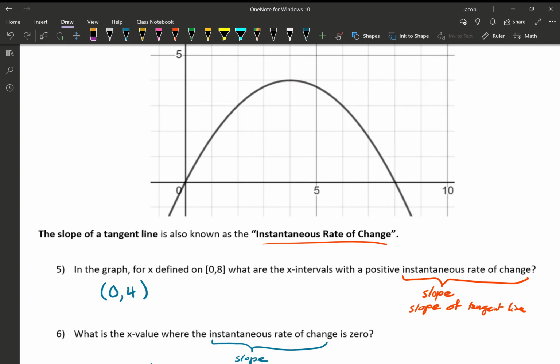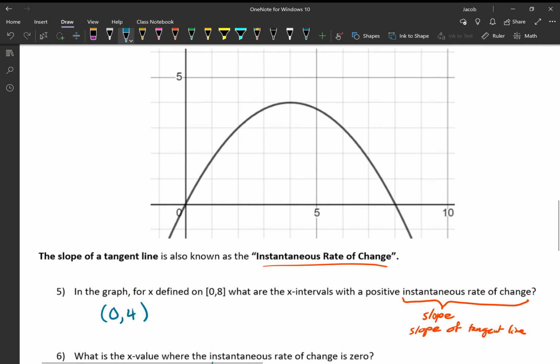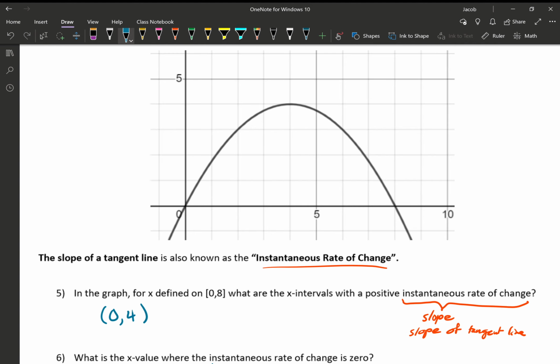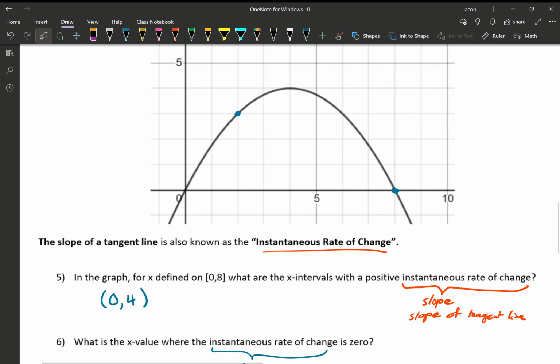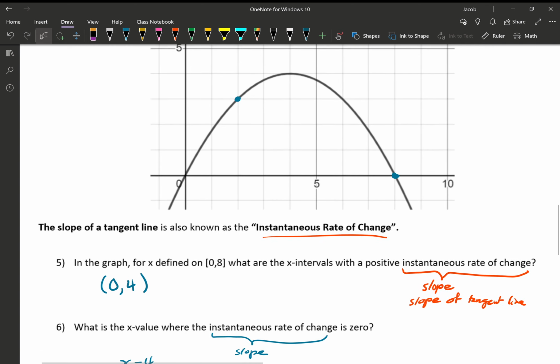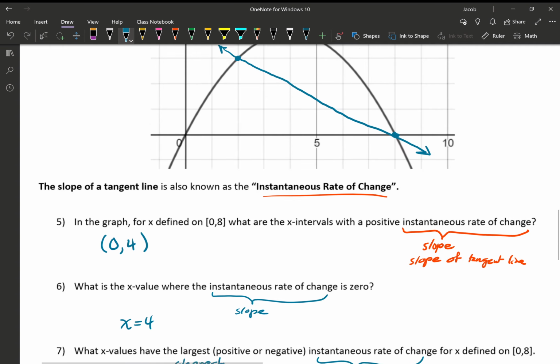You might want to use a different color if you're taking notes on this, just to reference the two different sets of lines. So there's (2, 3) and (8, 0), and we need to find, and I'm kind of skipping ahead, the slope of this line.